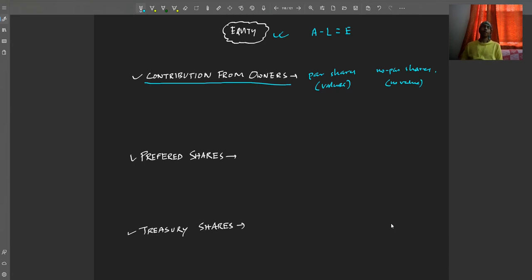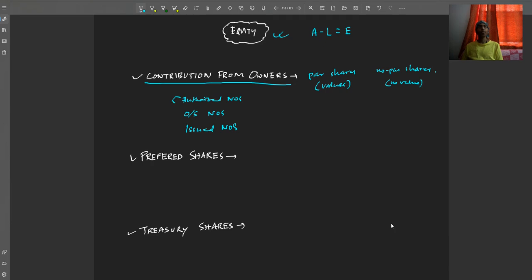Now, these shares can be in 3 states. When a company is listed or when a company issues shares, 3 things have to be clearly expressed. One is the authorized number of shares. One is the outstanding number of shares. And third is the issued number of shares.